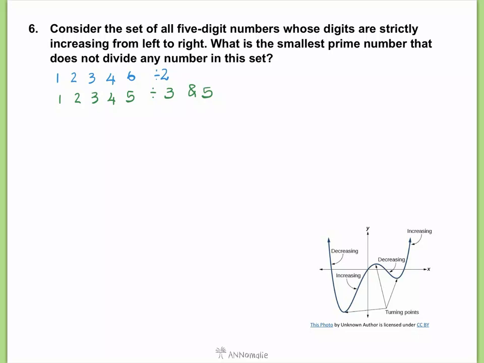Now, the next prime number is 7. Let's see if we can find a number strictly increasing that is divisible by 7. Now we'll have to play around a bit and see that 1, 2, 3, 4, 5. Let's divide that by 7. That's 1, and that is 7, remainder 4, 6, remainder 2, 3, remainder 4.